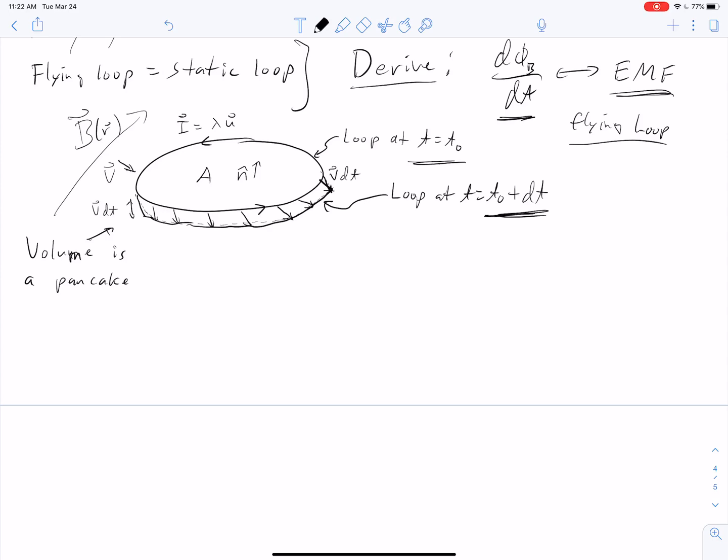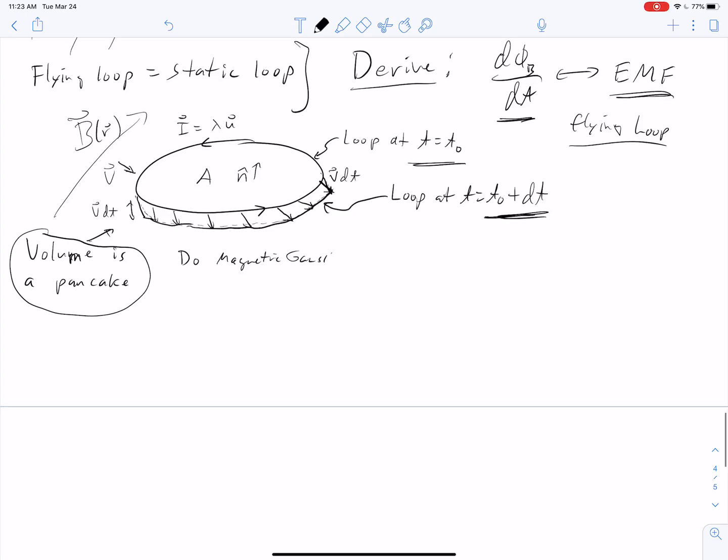So if I define this pancake geometry, defined by the area of the loop at t naught and at t naught plus dt, then I can take that volume and apply the magnetic Gauss's law, which no one really talks that way, but let's just call it that.